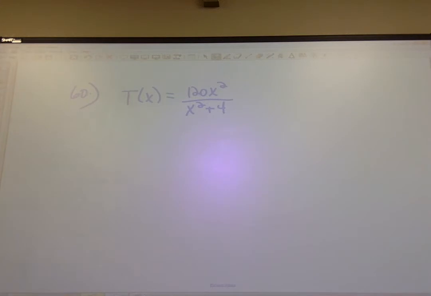T of x is in millions of dollars, and x is the number of years since the movie's release. How fast are the total receipts changing 1 year, 3 years, and 5 years after its release?